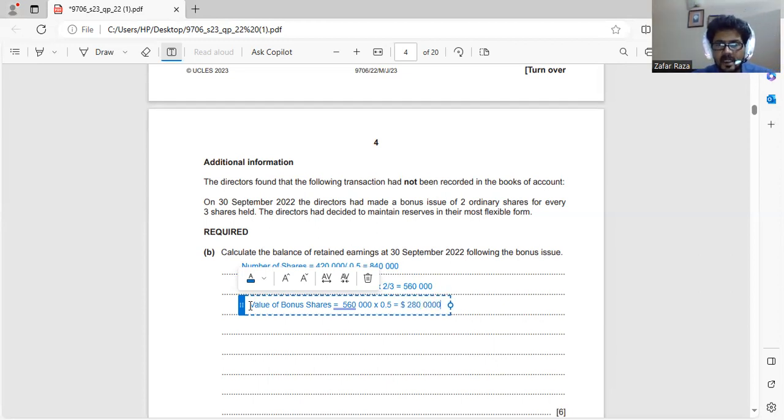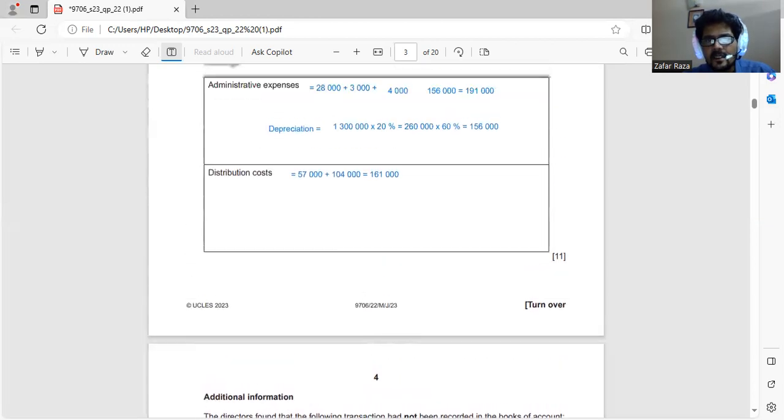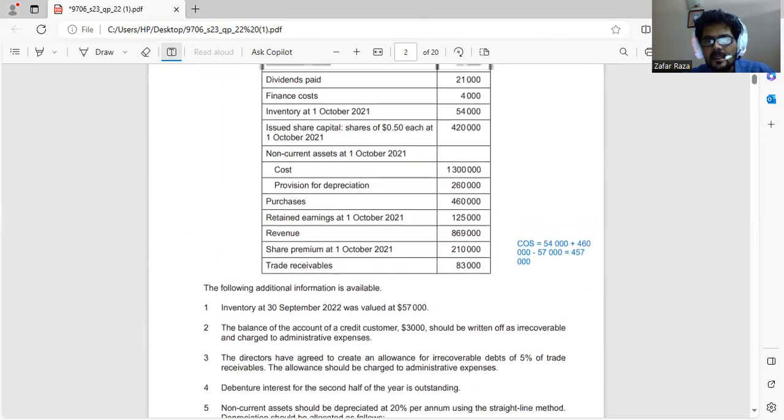Because bonus shares mean we are not receiving any cash against the issue, what we have to do is reduce our premium. What is the amount of premium?